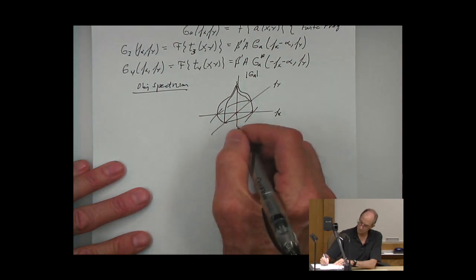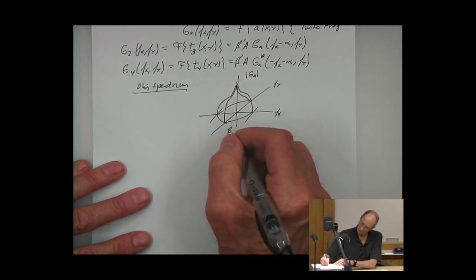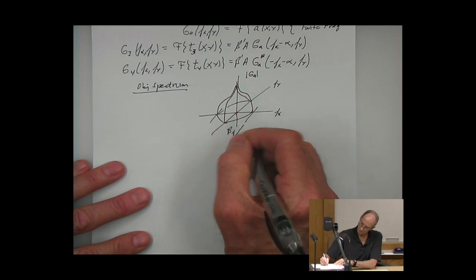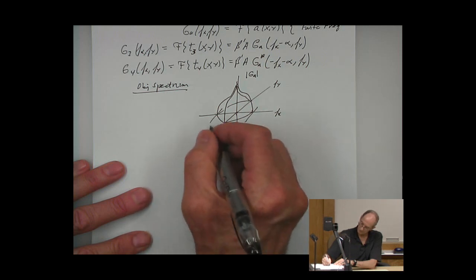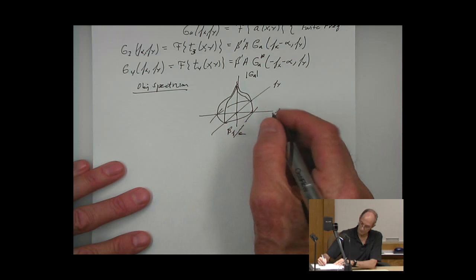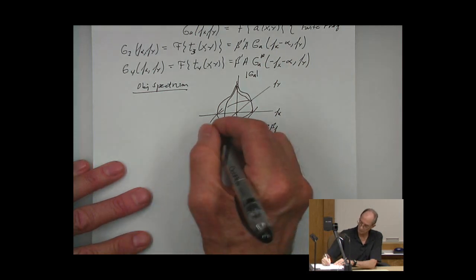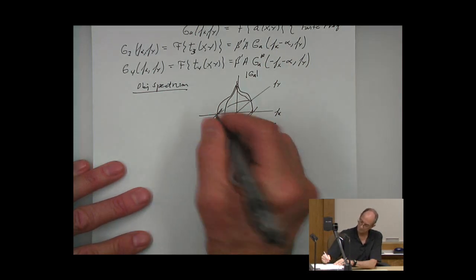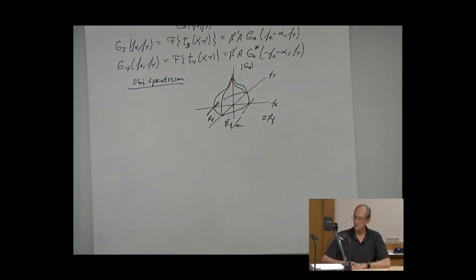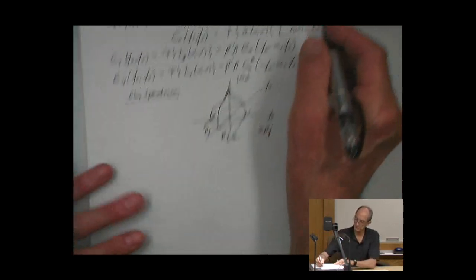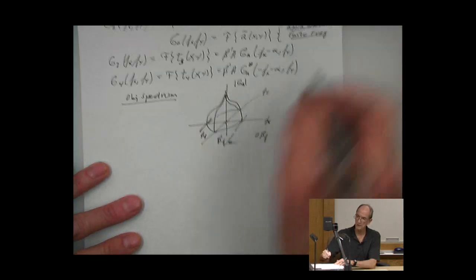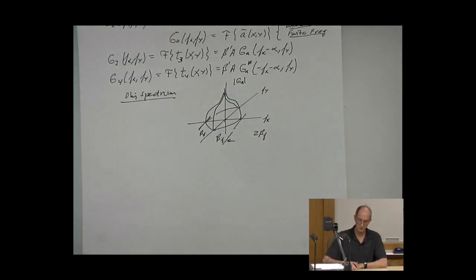So this is our B sub f, and we have a minus B sub f there. So the total frequency range for this object function is 2 B sub f. That's what I mean by a band limited function, or a finite frequency range, because that's going to be important now in looking at what we have.